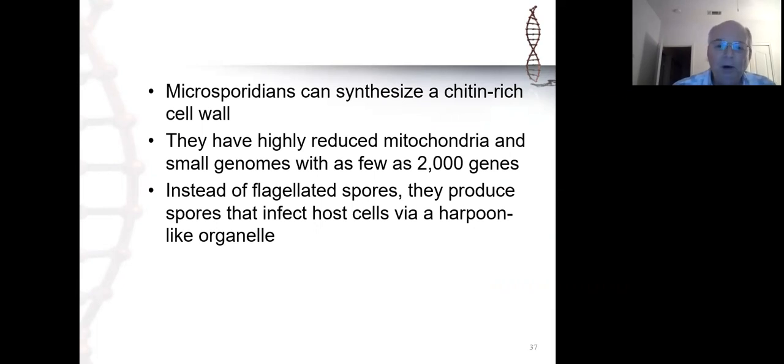They focus more on being able to infect host cells rather than being able to move freely through the environment. So it's a fair bet that this harpoon-like organelle is either a derivative or a modification of what was once likely a flagellum that has been modified to allow for better penetration into the cells that they're infecting.